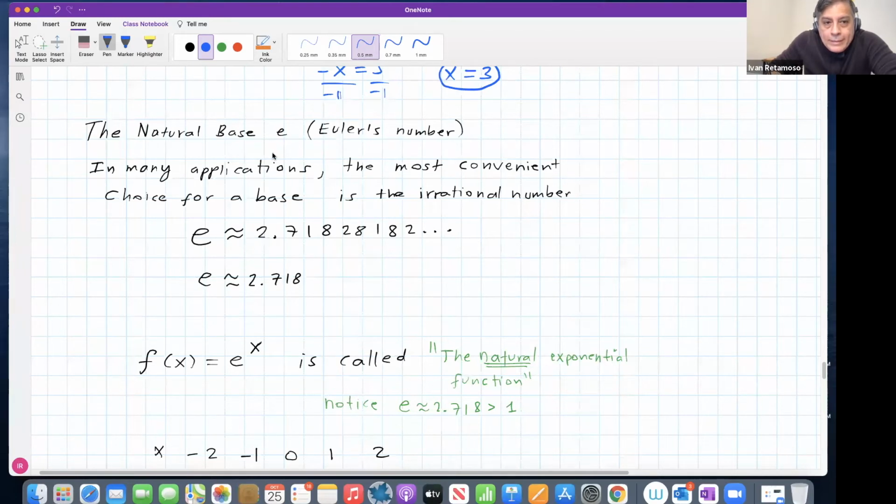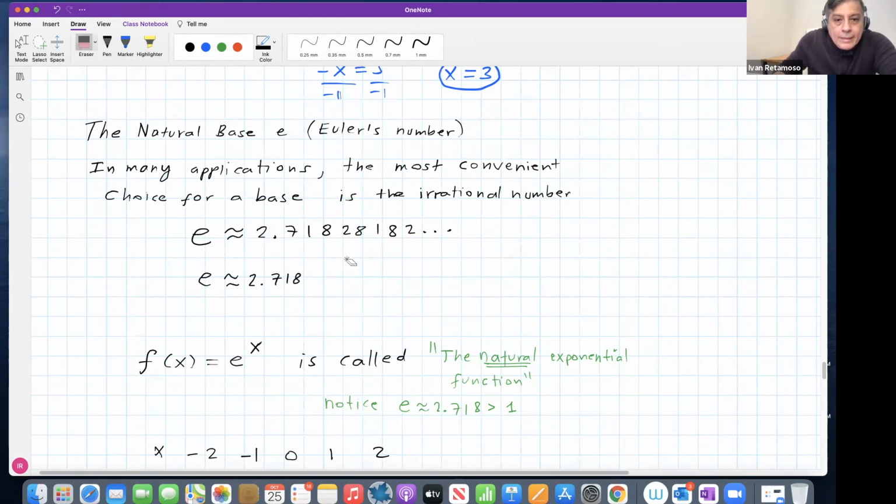The natural base E, Euler's number, in many applications, is the most convenient choice for a base.